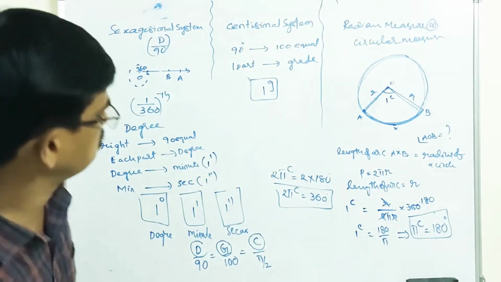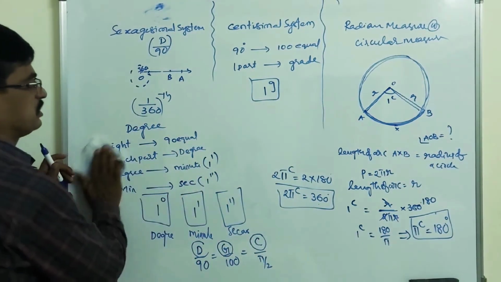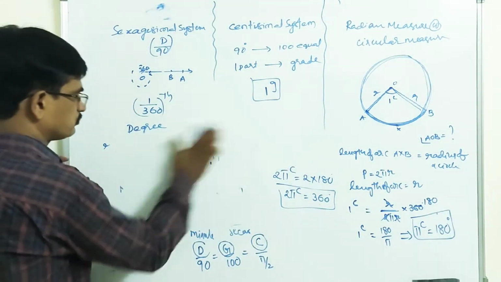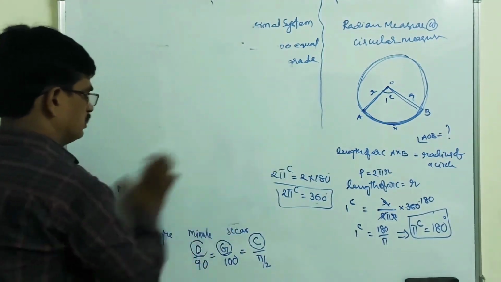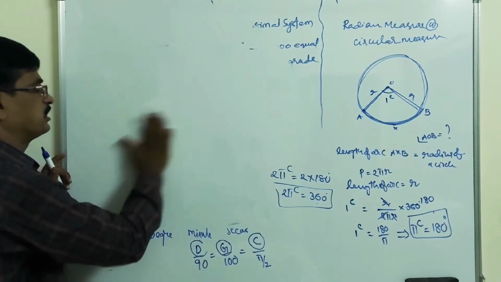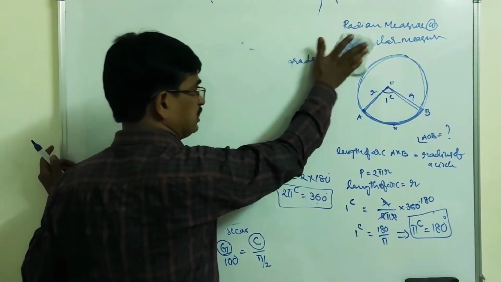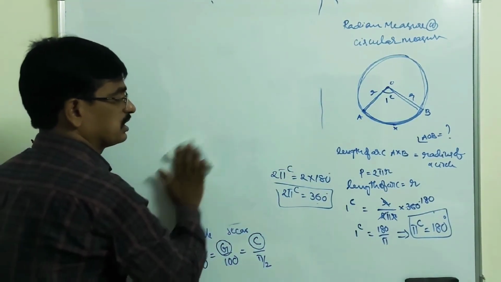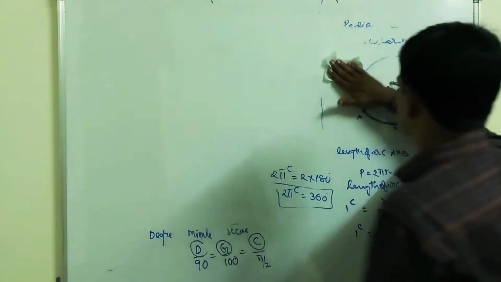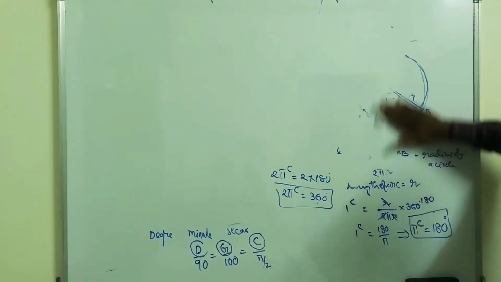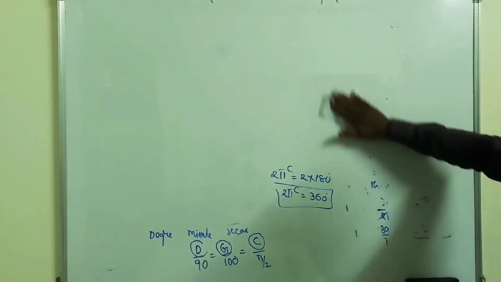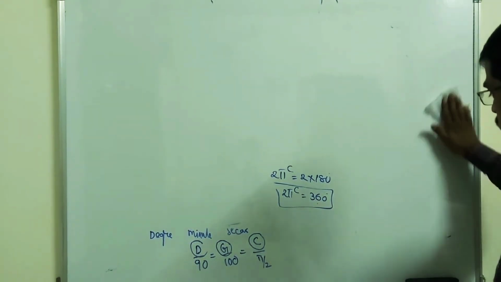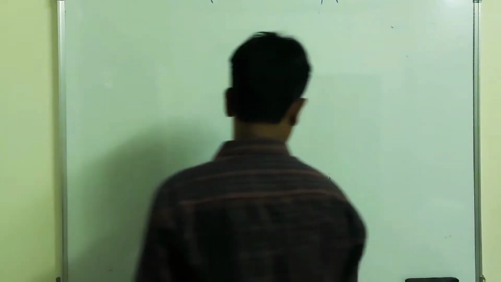This is the relationship between the 3 systems of measuring angles. It is most important and helpful in converting angles from the sexagesimal system to grades to radian measure. Let me explain through examples.